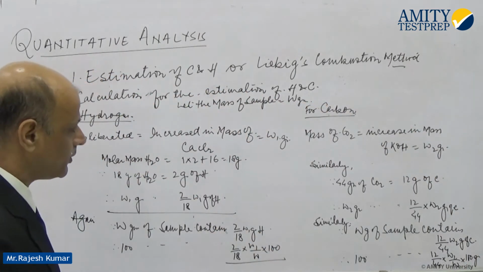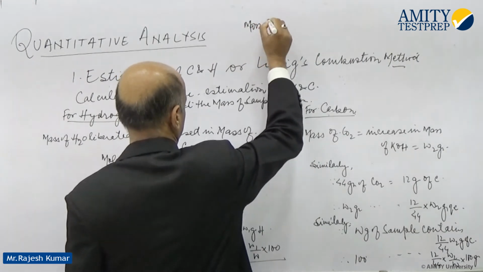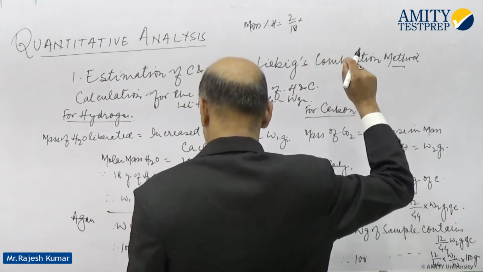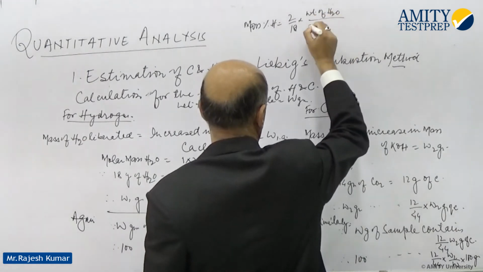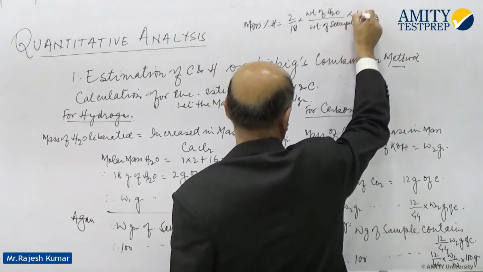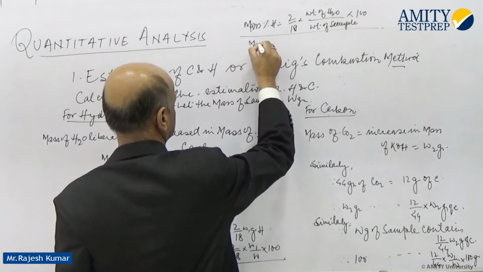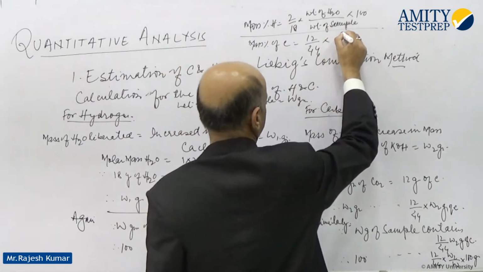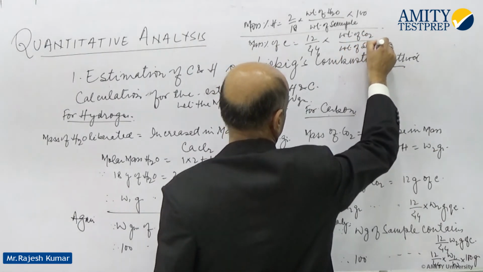Overall, we get a formula. Mass percentage of hydrogen is equal to 2 by 18 into weight of H2O upon weight of sample into 100, and similarly mass percentage of carbon is equal to 12 by 44 into weight of CO2 upon weight of sample into 100.